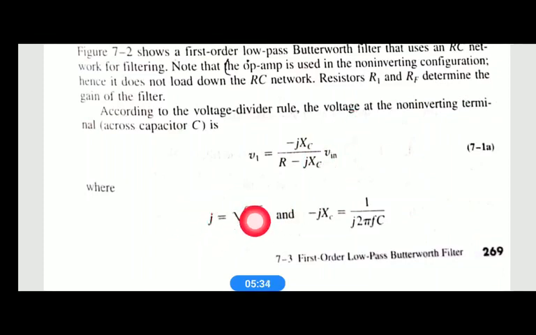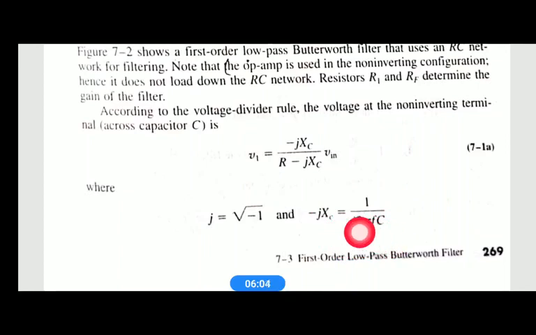Since j is root of minus 1, or j square is minus 1, we can write minus jXc as 1 by j 2 pi fc, because we know that Xc is 1 by 2 pi fc.